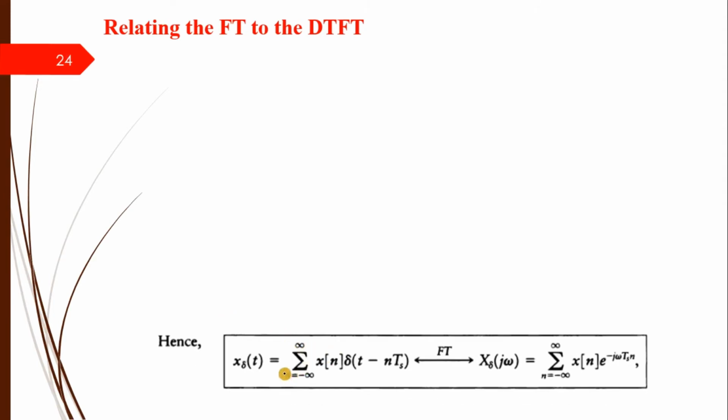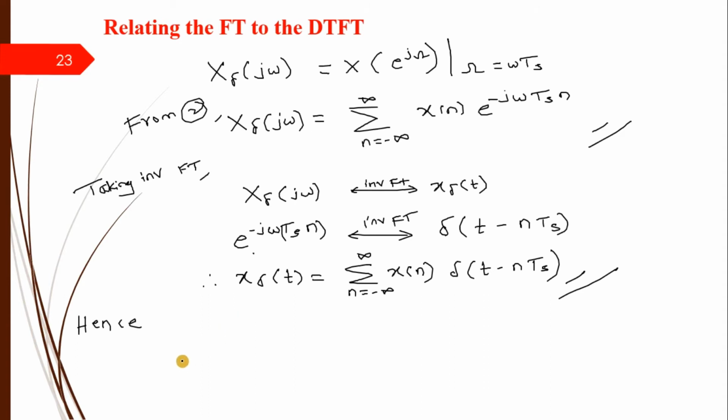I'll write it here. X delta of t is equal to summation n equal to minus infinity till infinity x of n delta of t minus n ts.